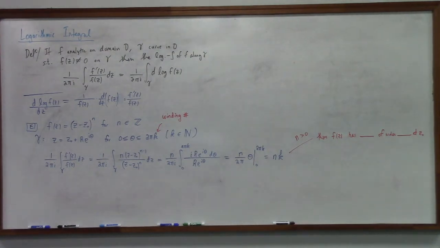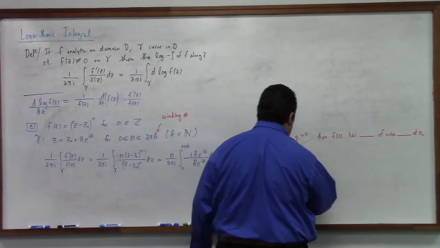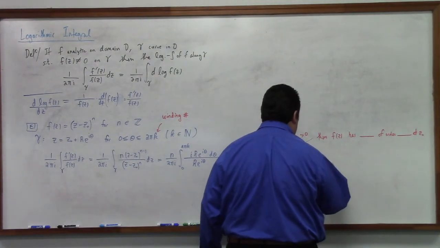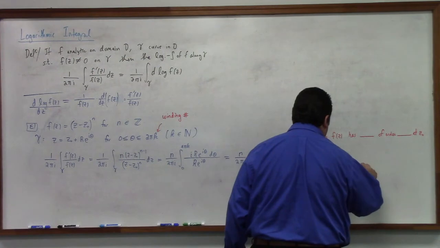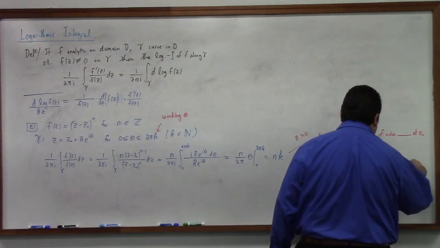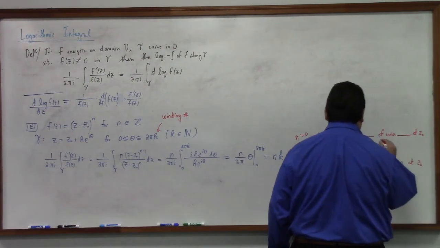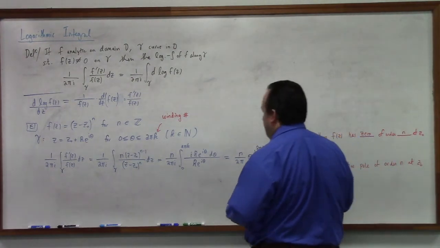On the other hand, if n is less than 0, it's a pole. It's a pole of order minus n. So it has a zero of order n at z naught.